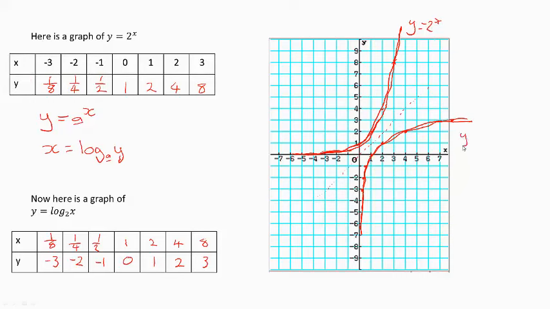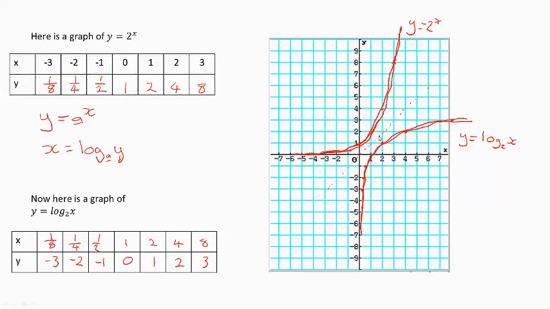This one, y equals log to the base 2 of x. Notice the bases have stayed the same, the x and y have changed. Okay, so that's what the basic shape of the graph looks like. What do we know about this graph? The log graph always has that same characteristic shape. That's the parent function. It's based around the point where x equals 1, y equals 0.